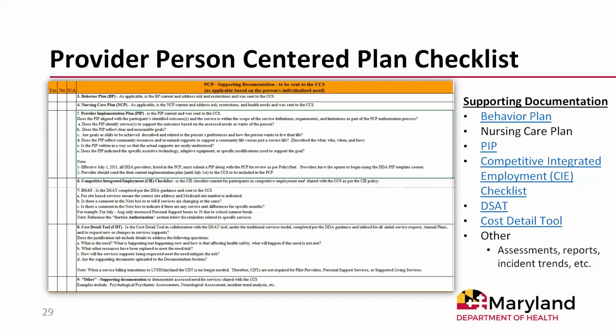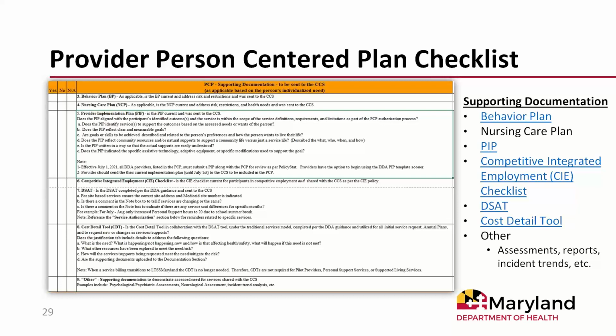On the screen, you'll see that we've got the behavior plan, and you want to make sure that the behavior plan is current and it's updated, addressing those risks and restrictions, and sent to the CCS. The nursing care plan, again, is it current? Is it addressing those health-related risks? And is it shared with the CCS?